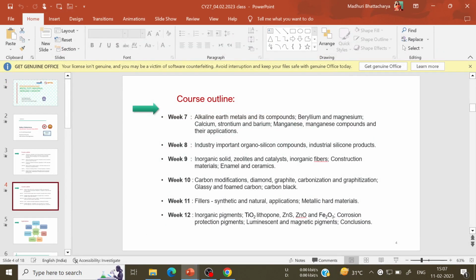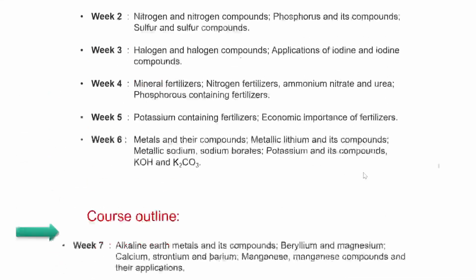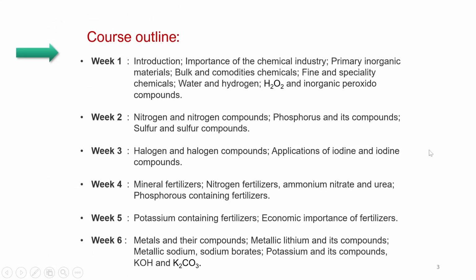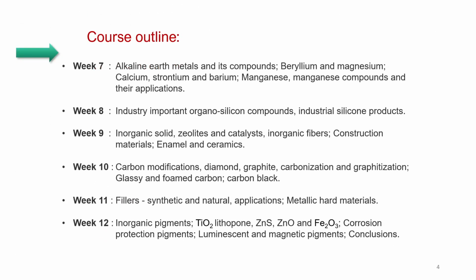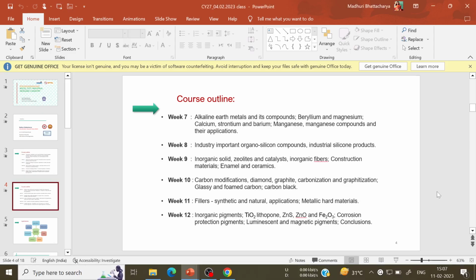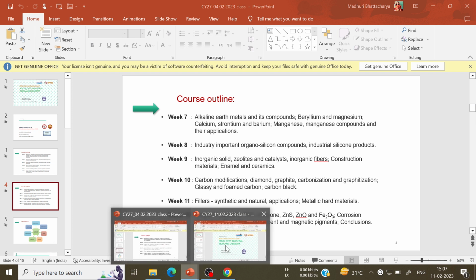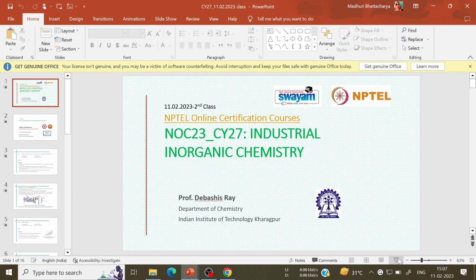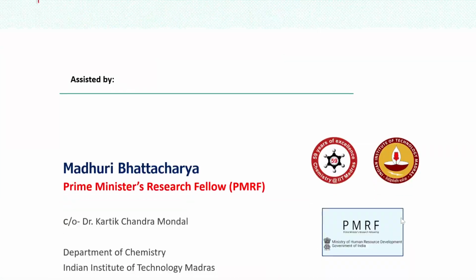Basically we will discuss some inorganic material: nitrogen compounds, phosphorus compounds, halogenated compounds, then some fertilizer, and then pigments, zeolites, catalyst, organosilicon compounds. Some material chemistry we will be discussing. So today I'll be starting with the first question.